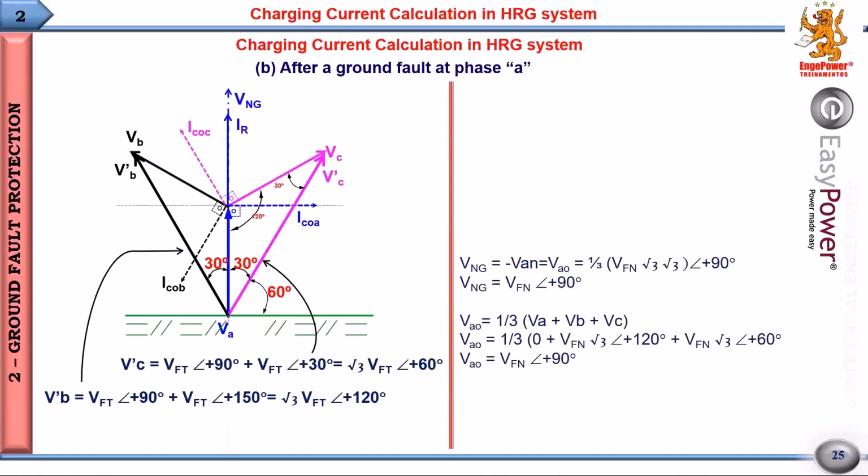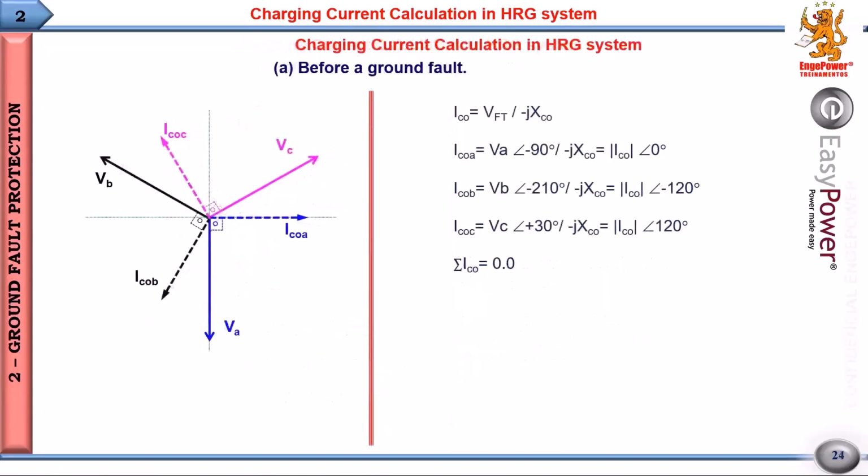So what we can see here, before a fault, we had VA here. When this phase goes to ground, this arrow here goes to the 0 potential. But since you are ungrounded or high resistance grounded, the neutral will offset relative to the ground.